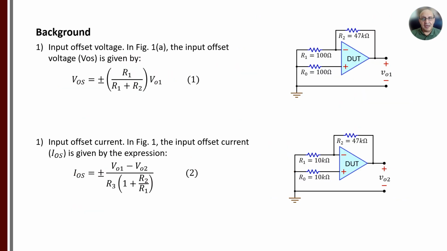Okay, a little bit of background. This is already in the lab manual. The input offset voltage is basically defined by this amount, and it's actually not very difficult to find, right?